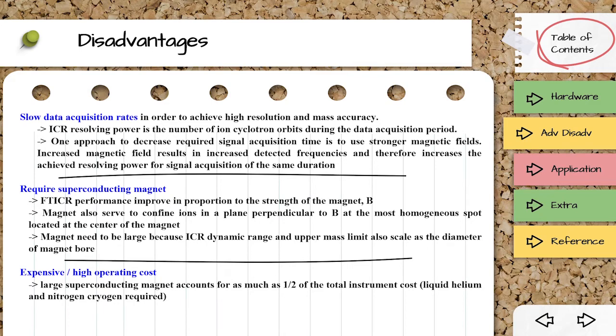Therefore, it brings up one limitation, which is that FTICR-MS is expensive and requires high operating and maintenance costs. Usually, a large superconducting magnet accounts for as much as half of the total instrument cost because of the liquid helium and nitrogen cryogen required.